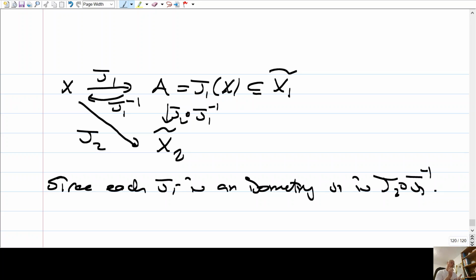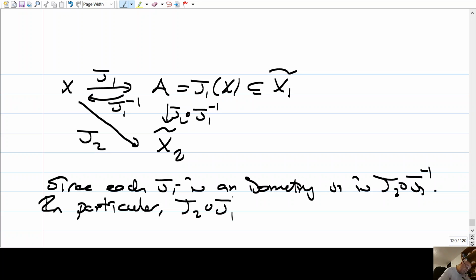So if you choose your delta to be the epsilon in the definition of uniform continuity, you see that an isometry is uniformly continuous. So in particular, J2 composed with J1 inverse is uniformly continuous.